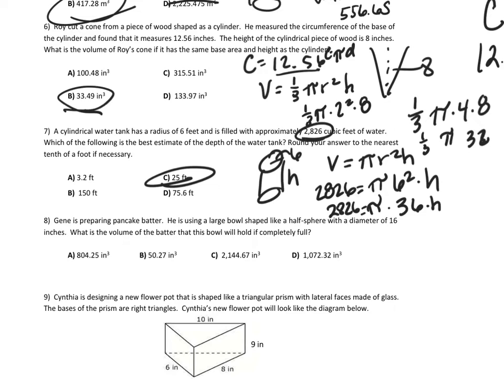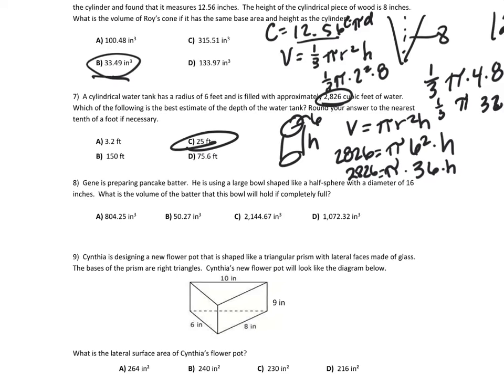You could have multiplied 36 and pi and then divided 2826 by whatever that answer was. How did y'all work that out? Did y'all get that one right? Okay, so think about what you have, plug in what you have, and then start working backwards to solve for it. Just like you're solving for x, just like you're solving for anything else.